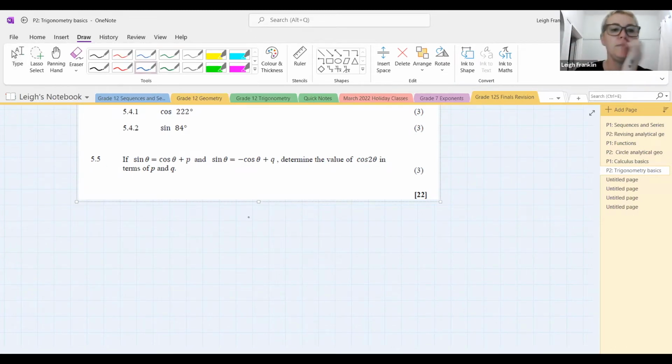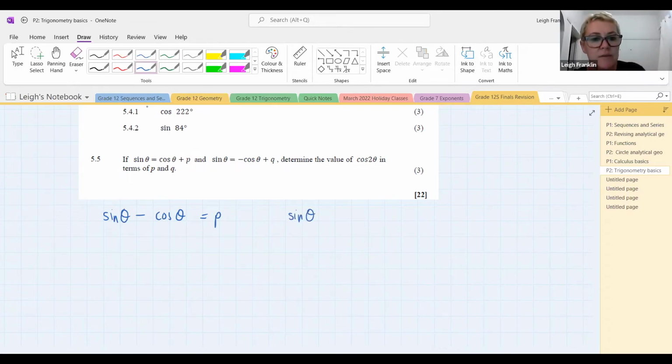On the left-hand side, we would end up with sine theta minus cos theta equals p. And on the right-hand side, we would end up with sine theta plus cos theta equals q.